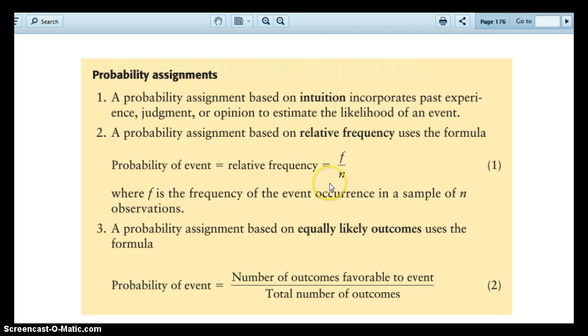Relative frequency wouldn't work with sports. That'd be kind of silly. If you looked at the Pacers versus the Bulls, the last 10 games, that'd be a sample. And you say the Pacers won 4 of the last 10. So then you look at the next game, would you say they have a 40% chance of winning just because of their 4 of the last 10? You wouldn't do that because it's a different team now than it was for the previous matchups.